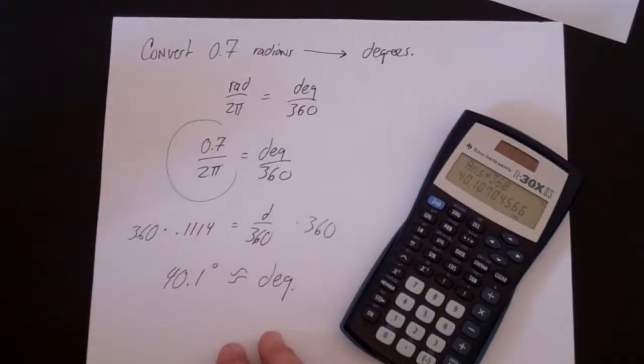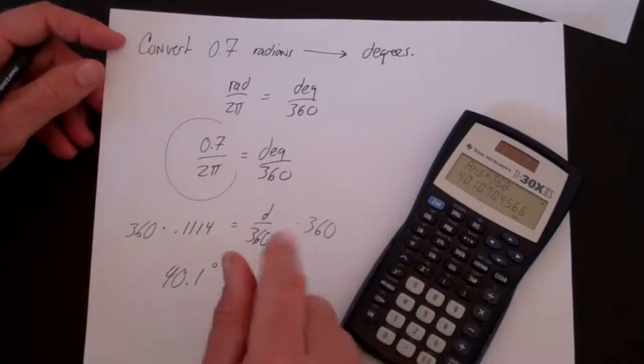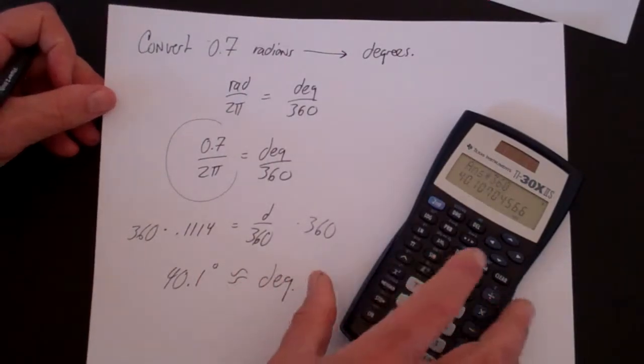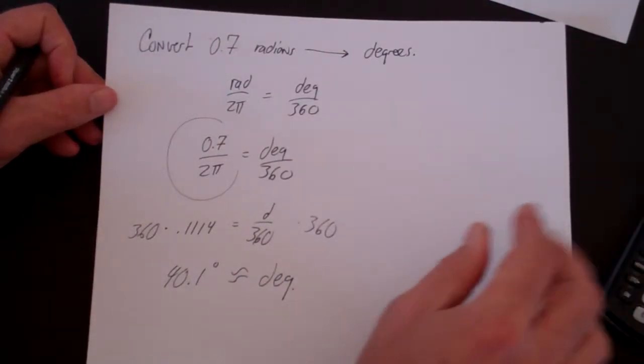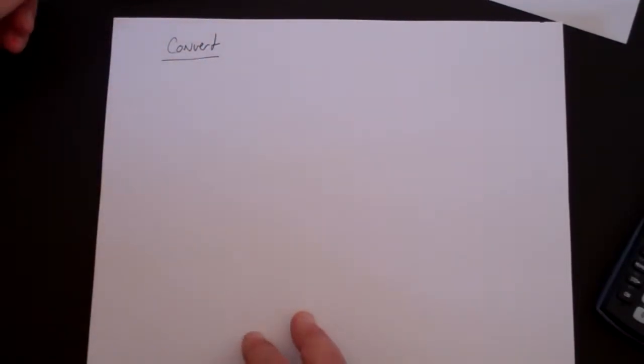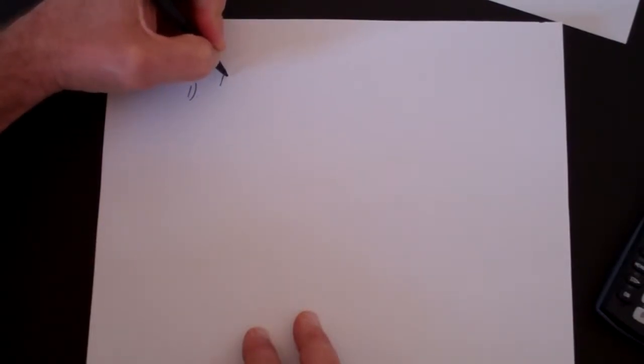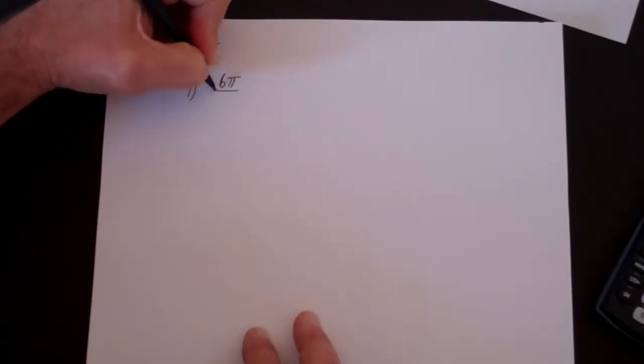And that's how you convert from radians to degrees and from degrees to radians. Now I want you to try a couple of examples, and the next video will have the answers. If it's in radians, convert to degrees, and if it's in degrees, convert to radians. The first one is 6 pi over 5 radians.